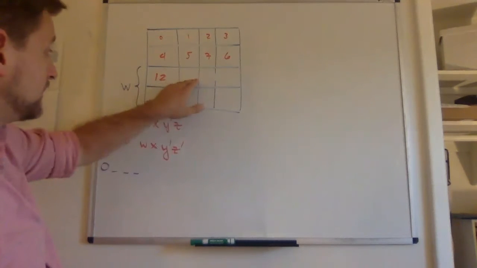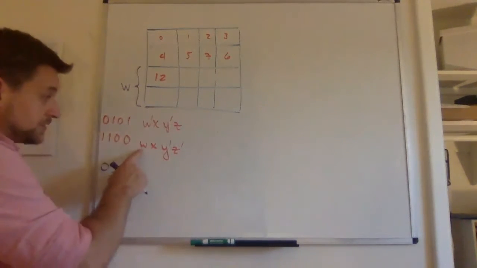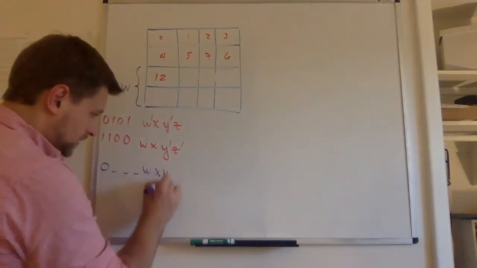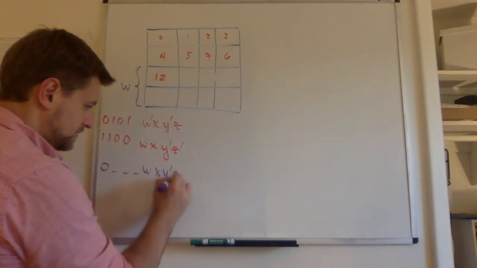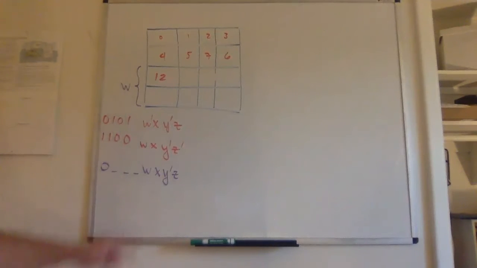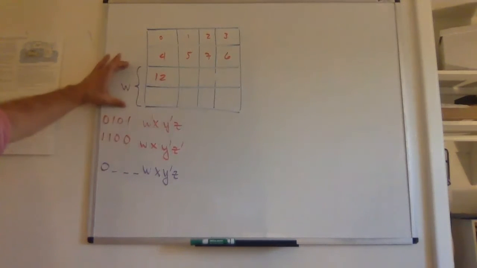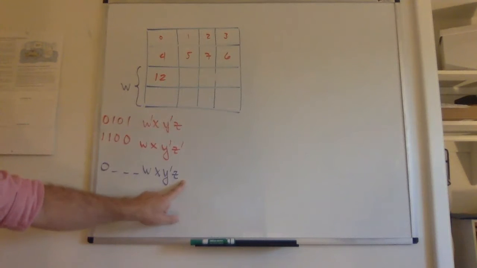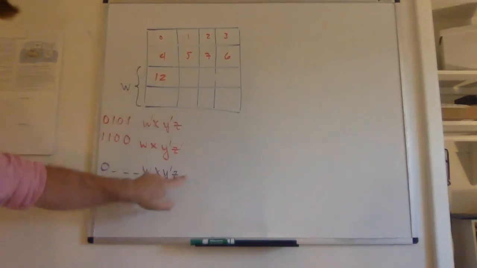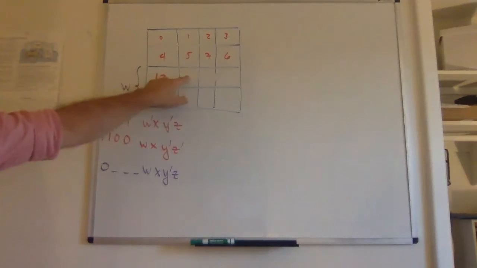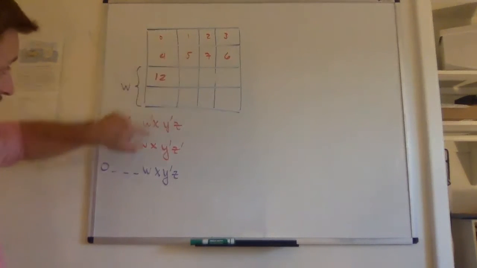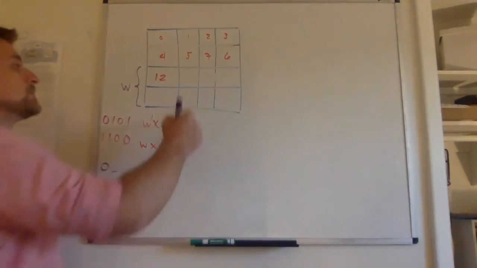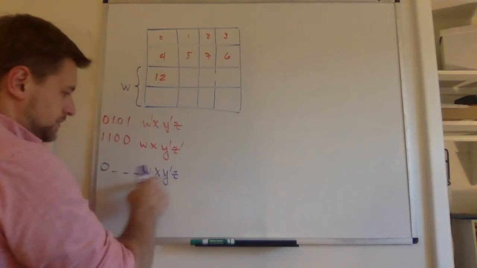So if we move this way and keep W, but uncomplement Z, so W, X, Y, Z. Right, keep W the same because we're in the W rows, but switch the complement status of Z so that here we've got Z adjacent to Z. Then 5 was this one, and this one and this one only differ by W. All right, cool. So this is 8 plus 4 plus 1 is 13.